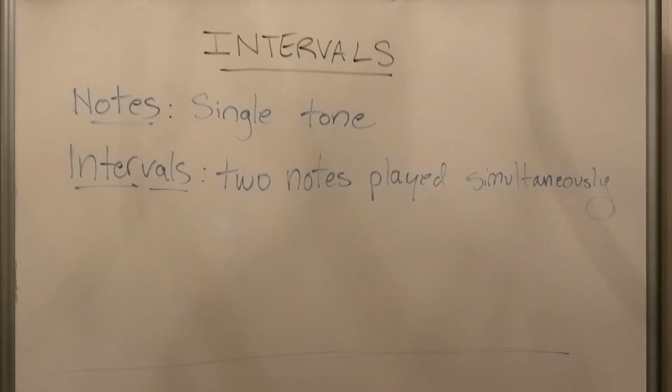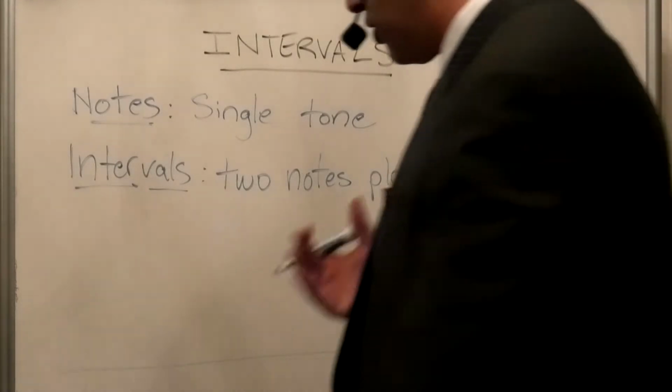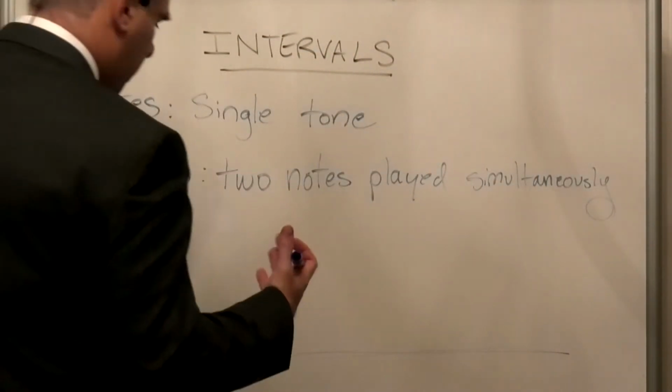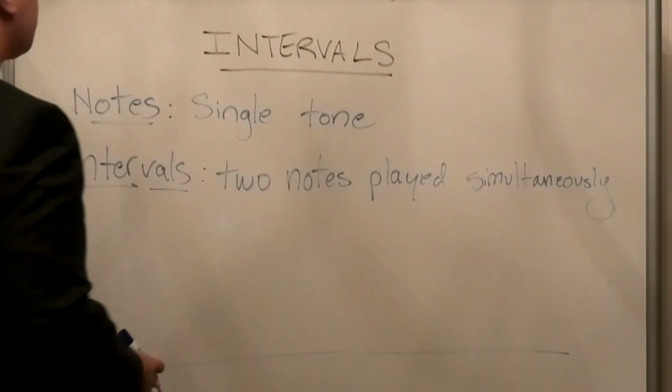Simultaneously means at the same time. Those are intervals. So if I know certain things about intervals, I can compose music because I know what to do to get the sound that I want to hear.